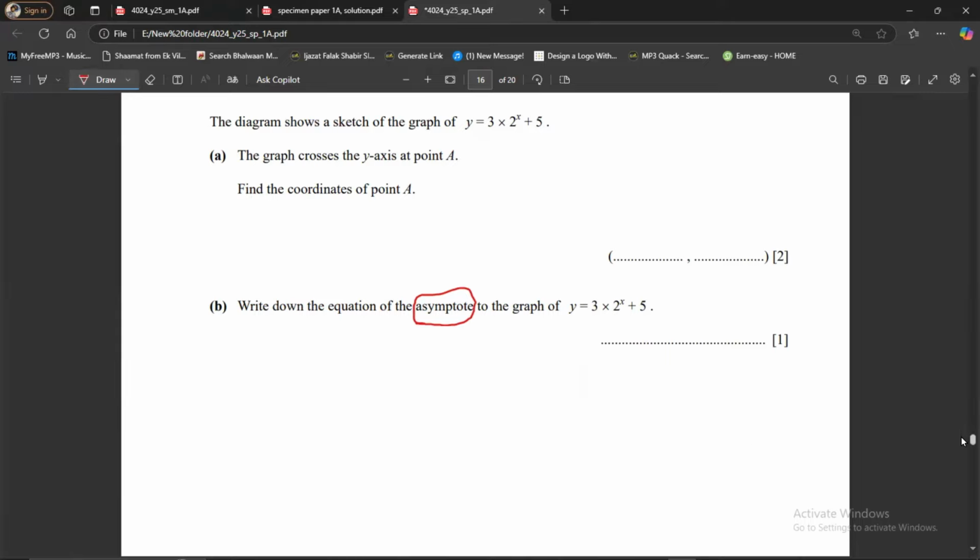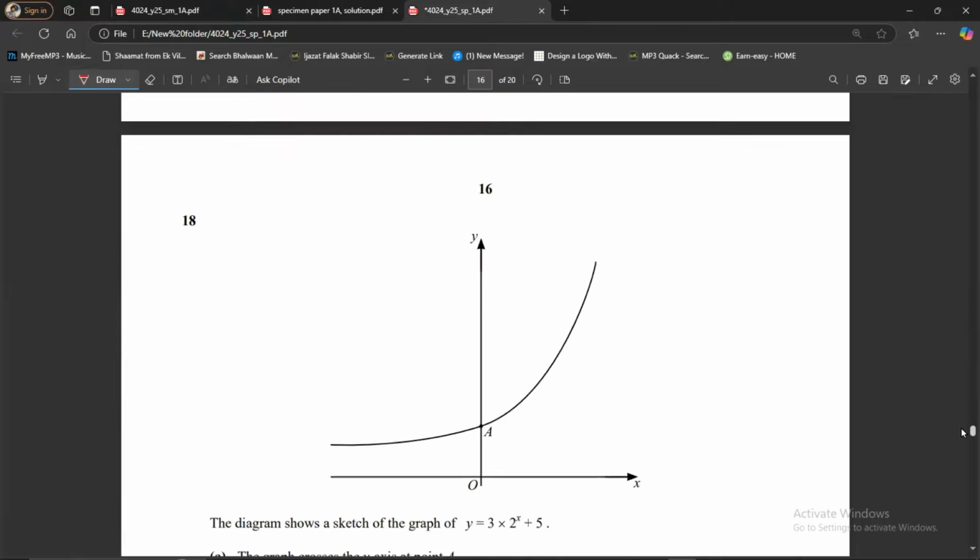Asymptotes can be of 3 kinds, and this is in your A-level syllabus and in other calculus syllabi. But in O-level, it's very simple. An asymptote is a line that can be a vertical line or a horizontal line. It can also be an inclined line.